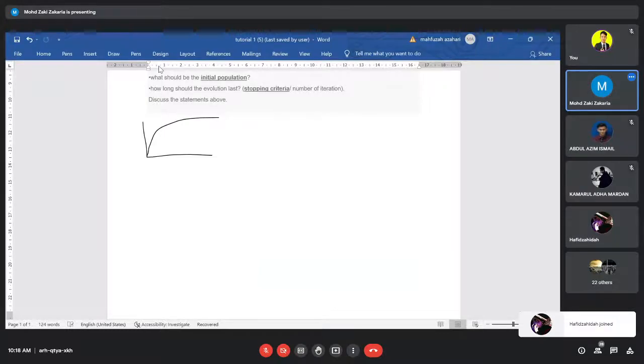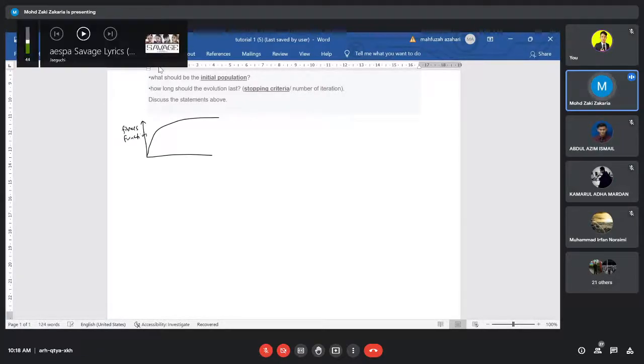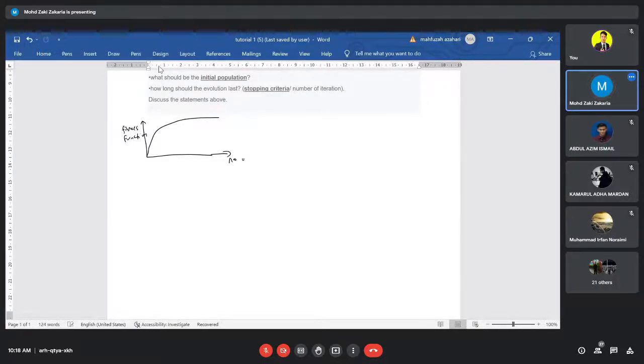Usually, this is what we call the fitness function, or quality of chromosome, the fitness function, and then this is the number of iterations.